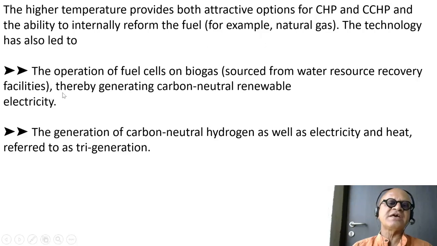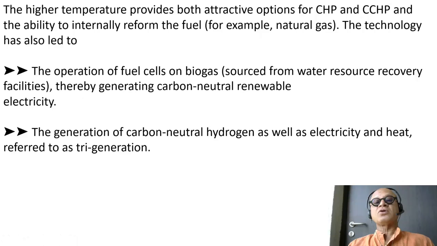Okay, the technology has led to operation of fuel cells on biogas, so you can use the heat to drive SMR, steam methane reformation, sourced from water resource recovery facilities. Okay, these are where wastewater or used water is being recycled to produce usable water again.